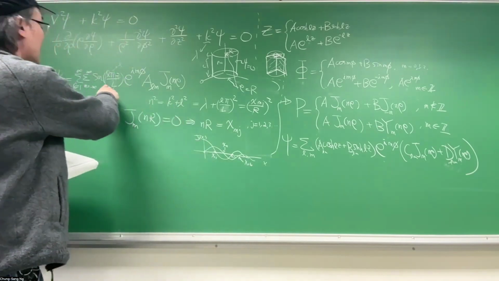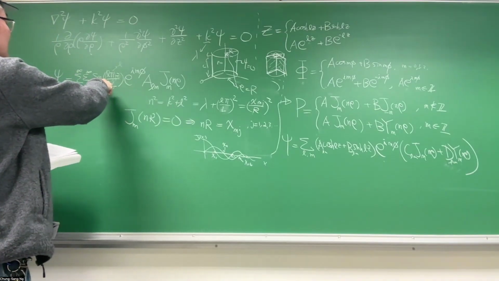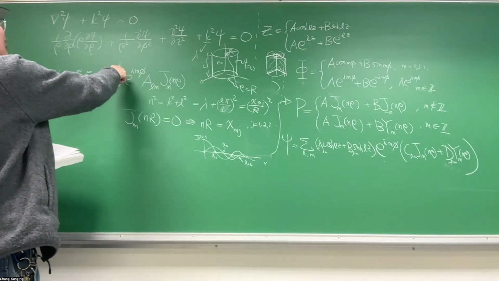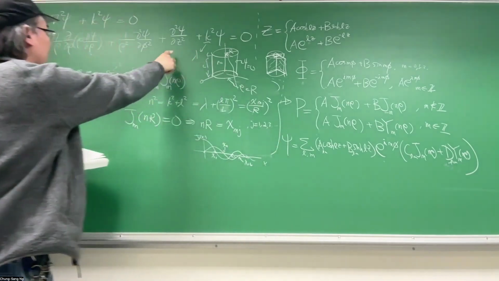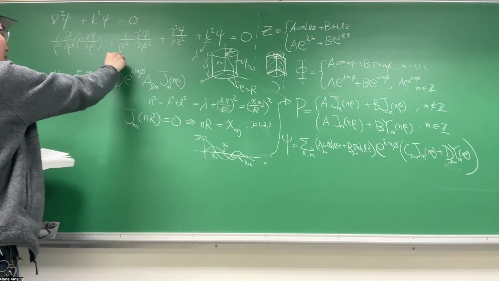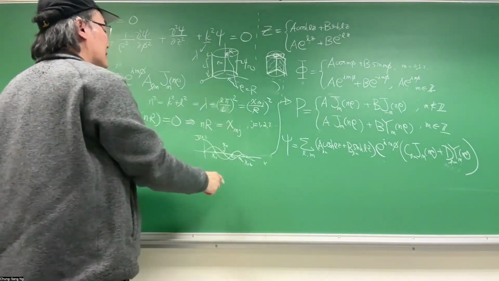wait, one more thing. I actually changed the sign. Originally we chose that this is L squared, but this problem is actually minus L squared. Actually, that should be negative sign.